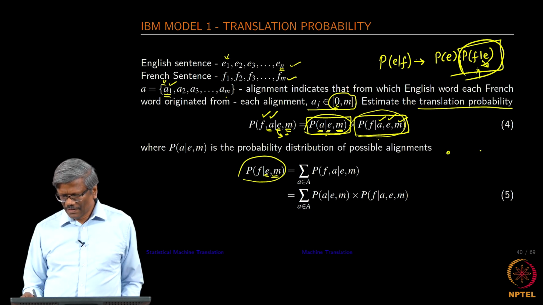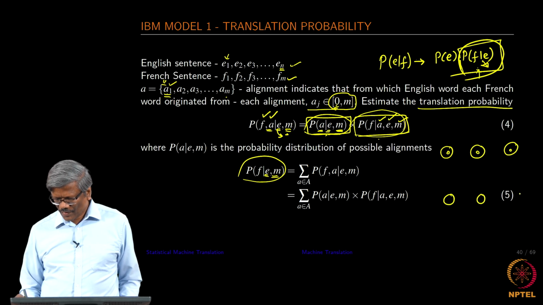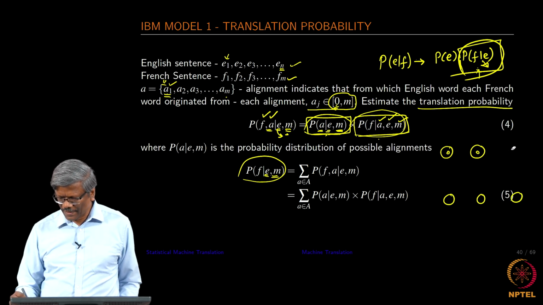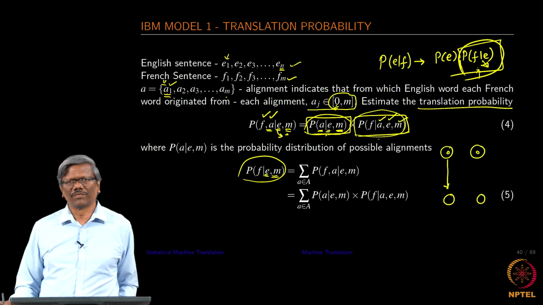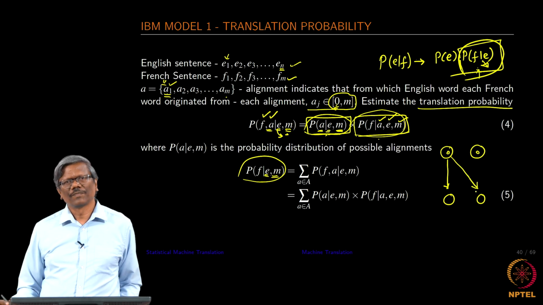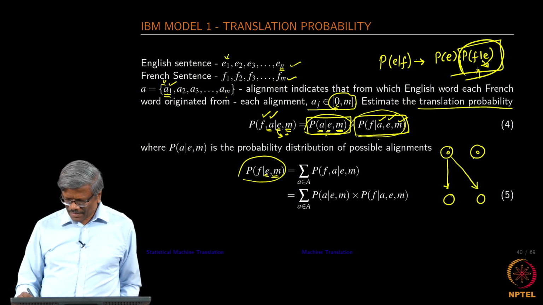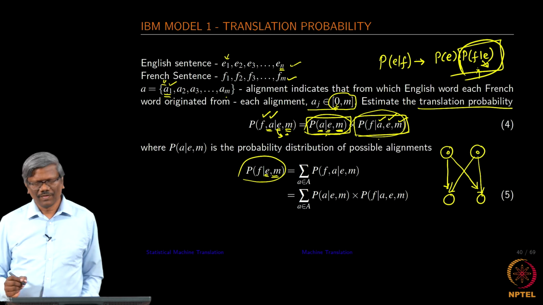If I have, let us say that there are 3 words, let me consider only 2 for the sake of simplicity. So, I can align it in this fashion. There is one alignment possible, the second alignment possible, right, and then third alignment possible, fourth alignment possible, right.